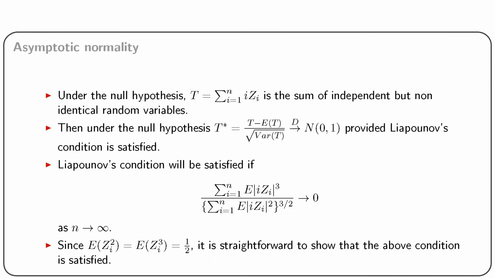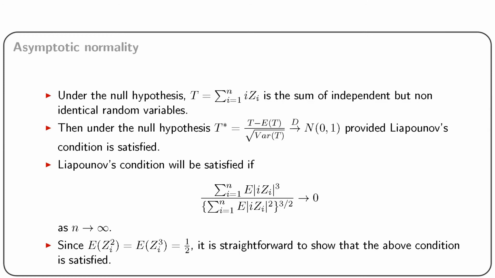Now Lyapunov's condition will be satisfied if we can show that RL tends to 0 as n tends to infinity. Now the numerator of RL involves the sum of third order absolute raw moments of I Zi, and the denominator involves the 3/2th power of the second order absolute raw moments of I Zi.